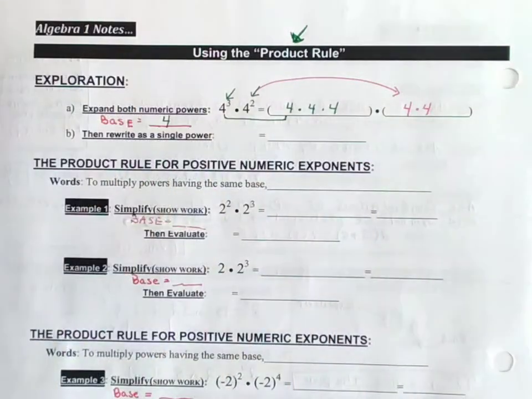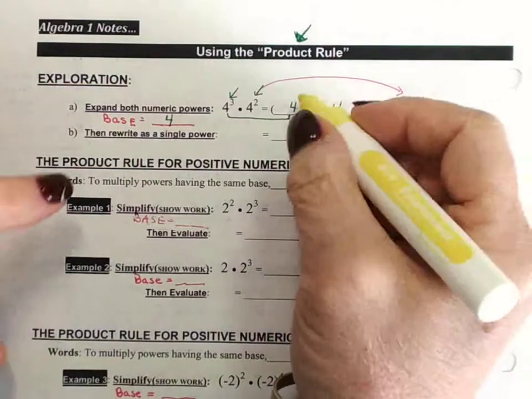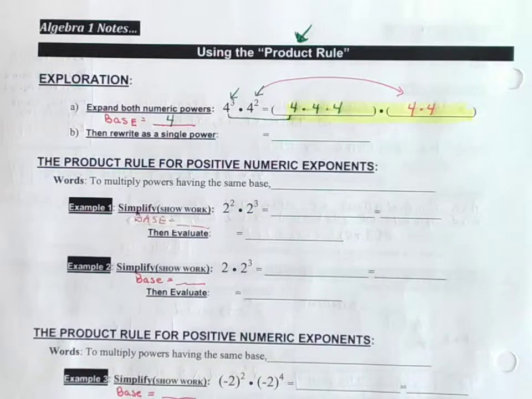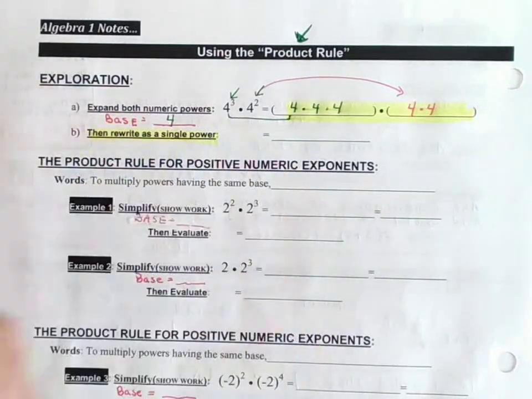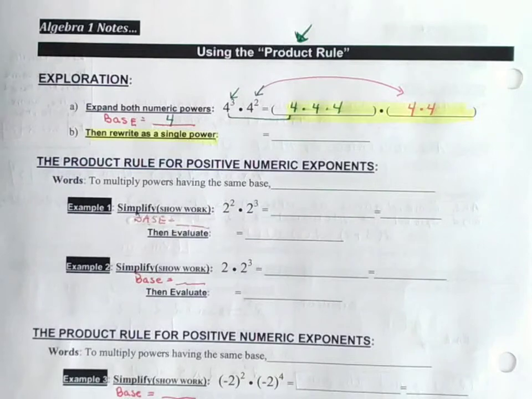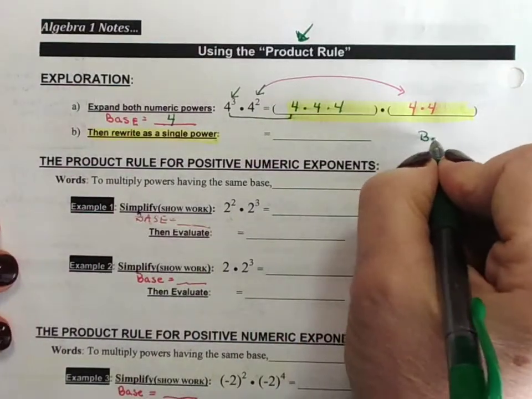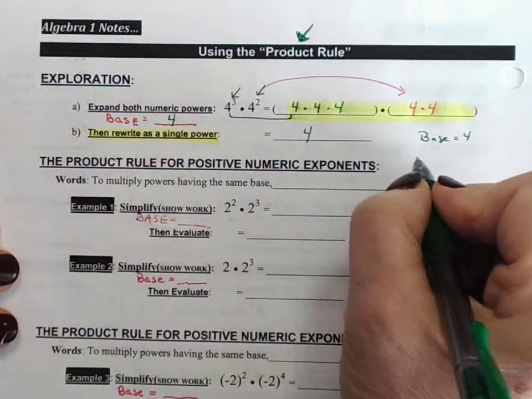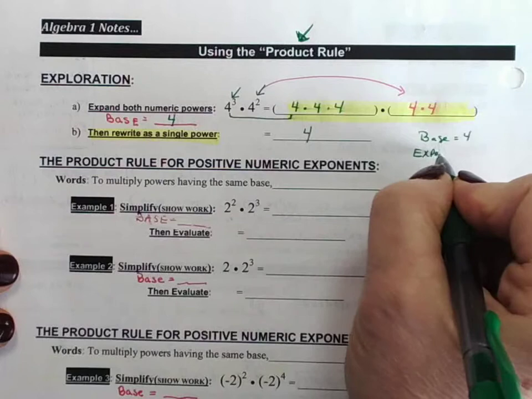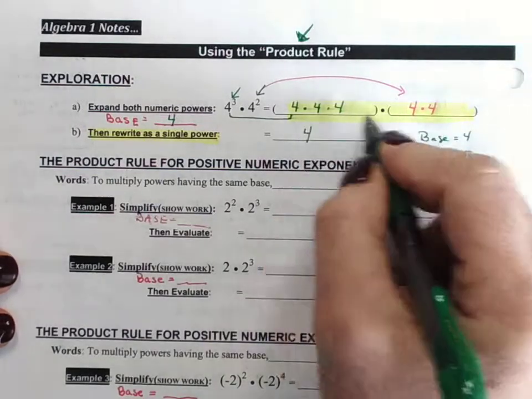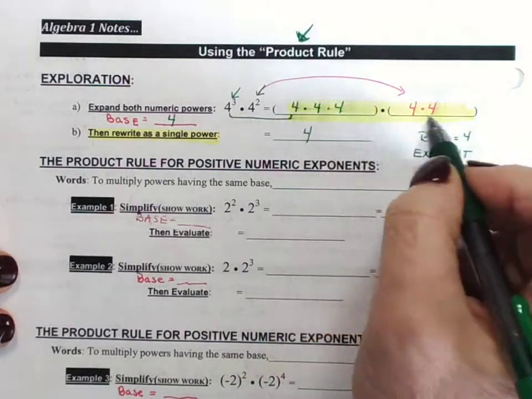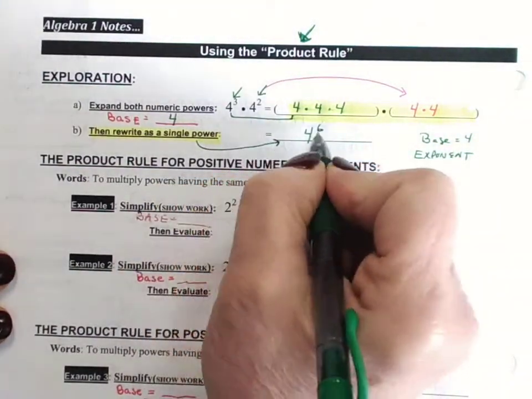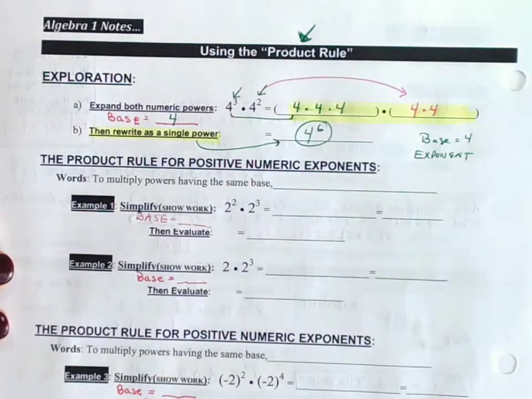So how can we simplify this now? We want to write it as a single power. So the base is equal to 4. The exponent is 4 plus 2, which is 6. Okay, so if I write it as a single power, it's 4 to the 6th.